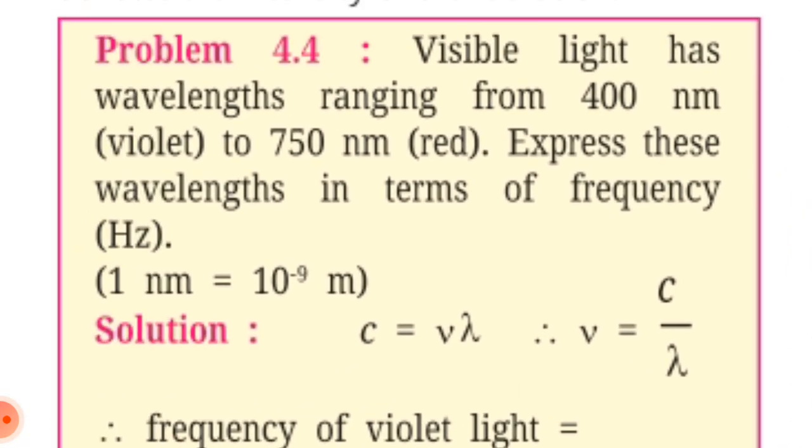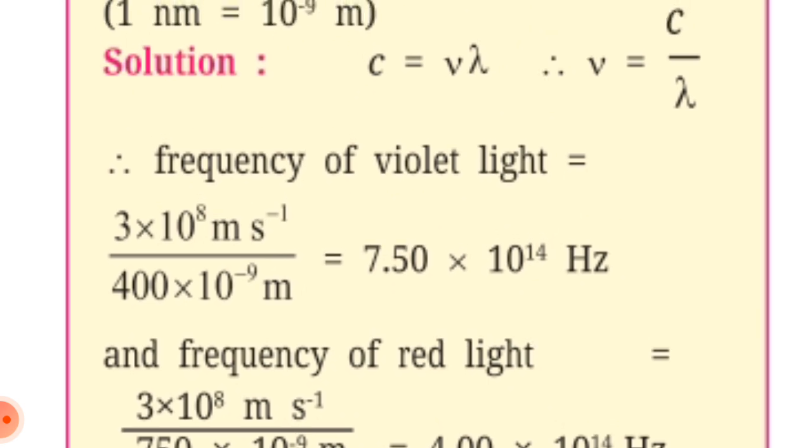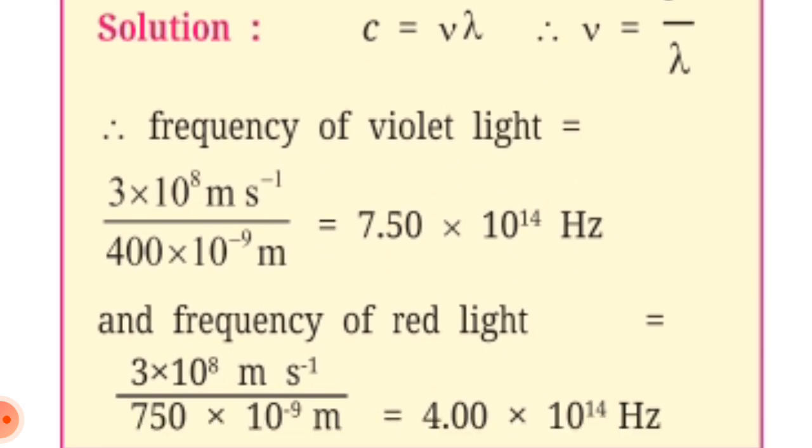Problem 4.4. Visible light has wavelength ranging from 400 nanometer, violet, to 750 nanometer, red. Express this wavelength in terms of frequency, Hz. 1 nanometer is equal to 10 raised to minus 9 meter. Solution. c is equal to nu lambda, so nu is equal to c upon lambda.